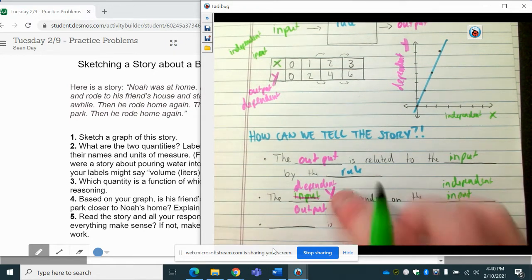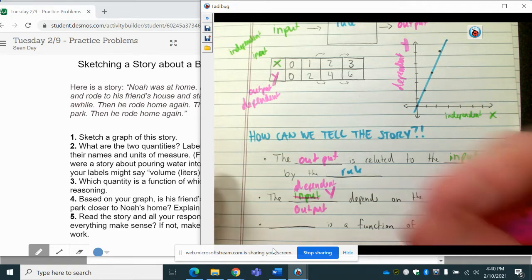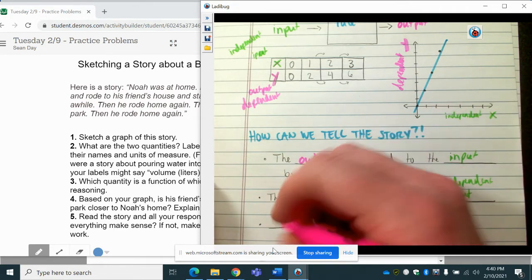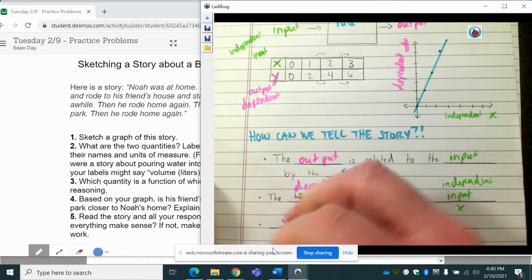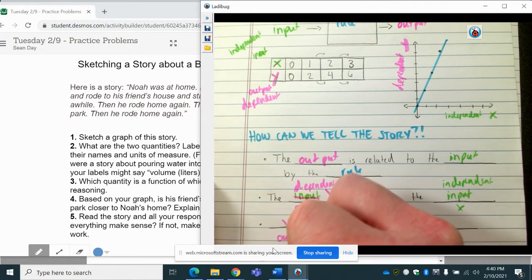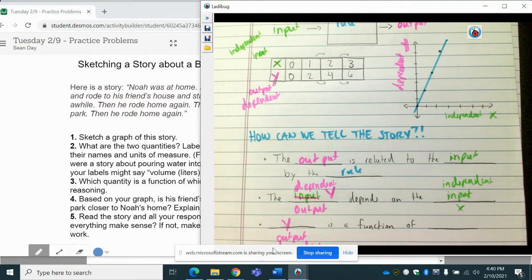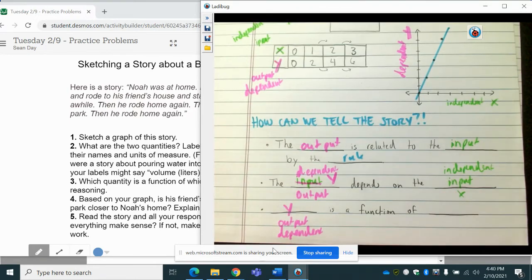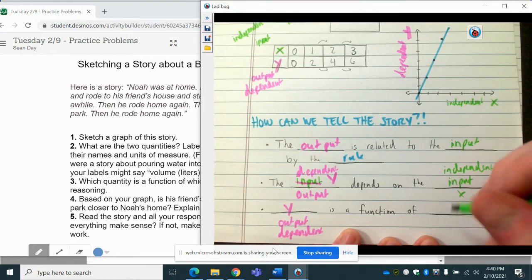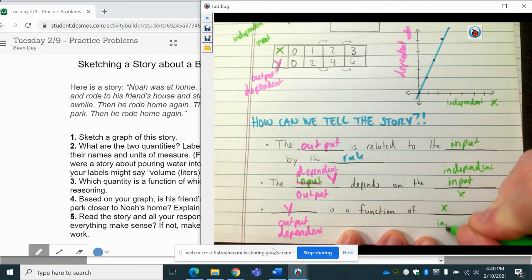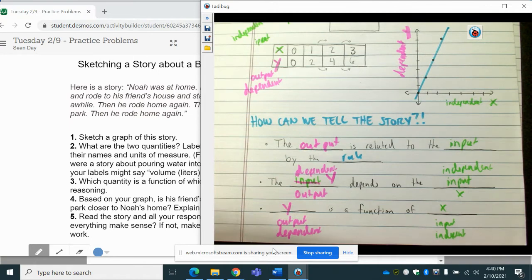We could also take it a step further, and we could say that our Y, which is our output and our dependent variable, our Y is a function of X, the input, independent variable. So this language right here, the output is related to the input by a rule.